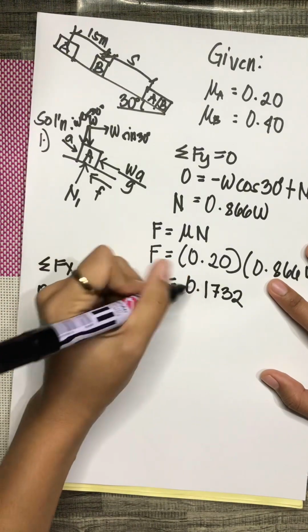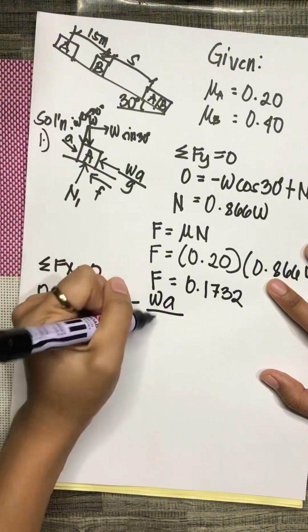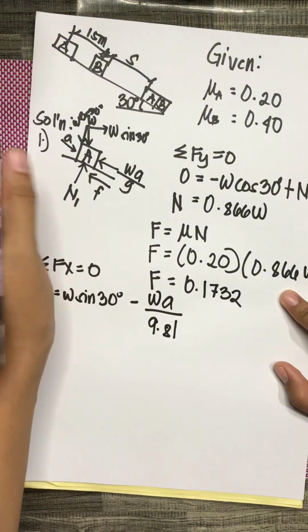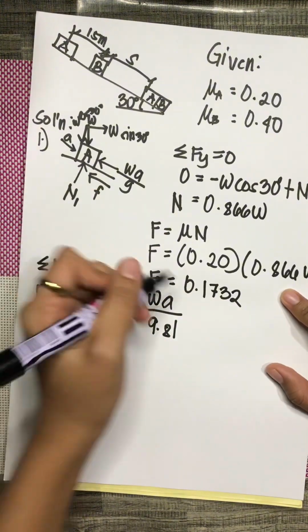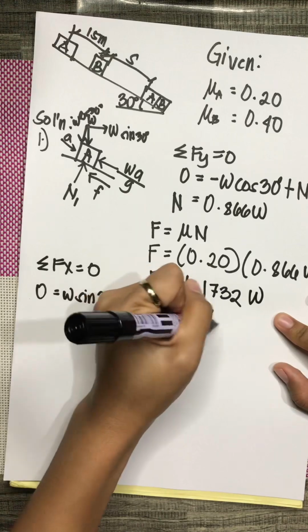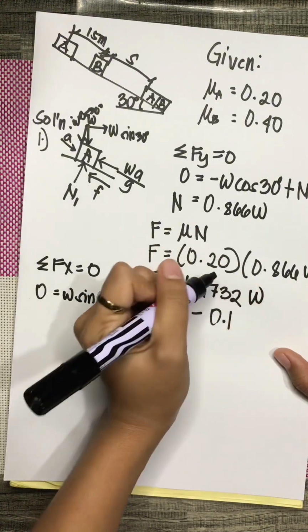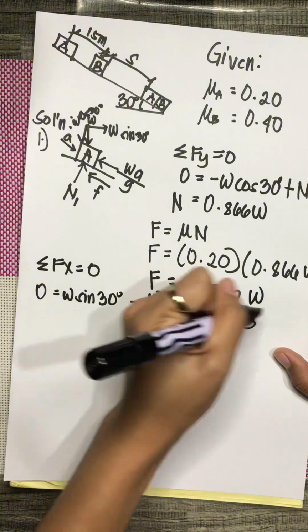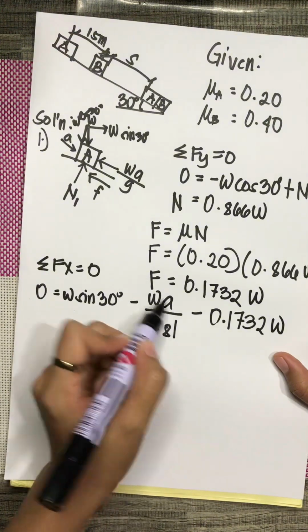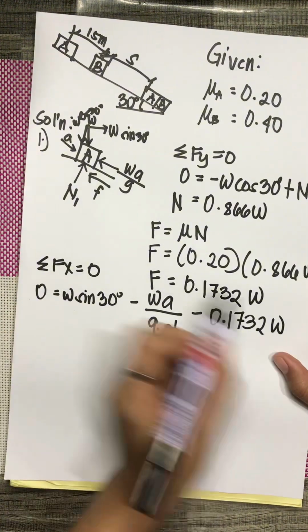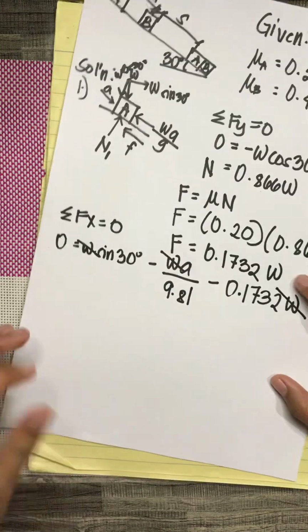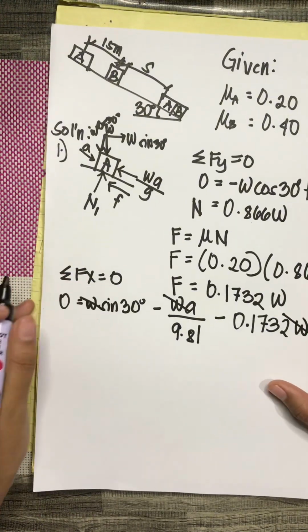Then the friction is going to the left also, so it is negative 0.1732 W. So if we transpose it, the weight W cancels, so that we can compute the acceleration of block A.